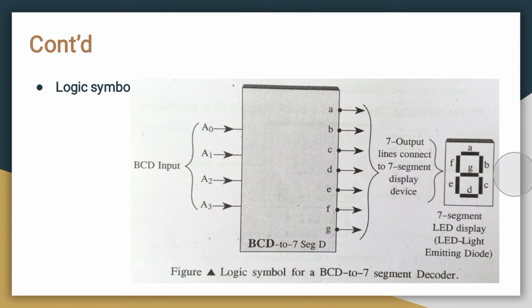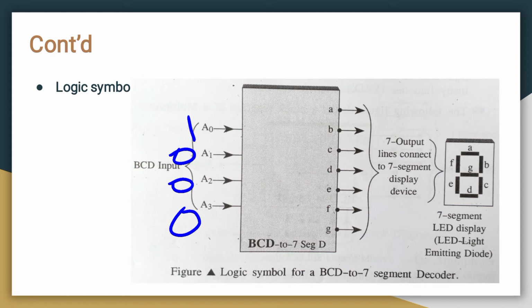Then if you want to display 1, here A0 is the LSB, so it is 1. A1 is 0, A2 is 0, then A3 is 0.